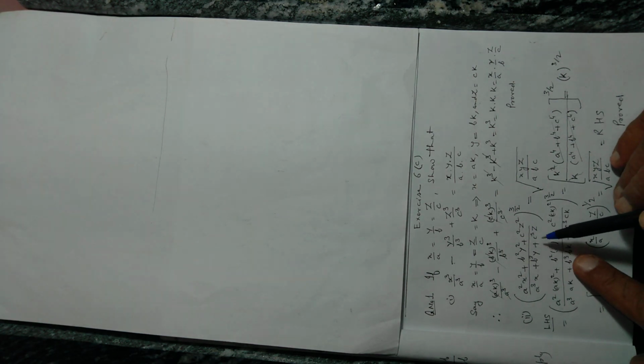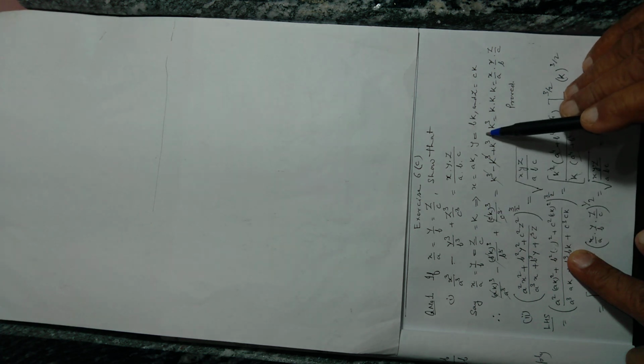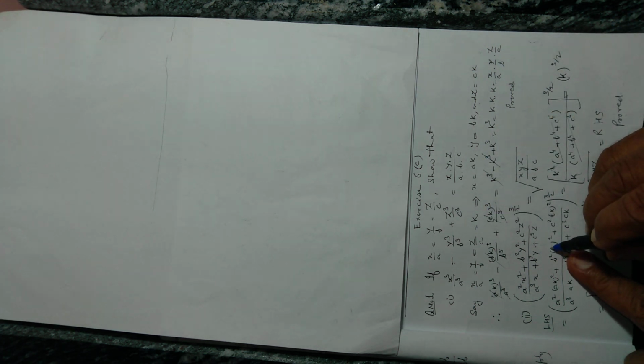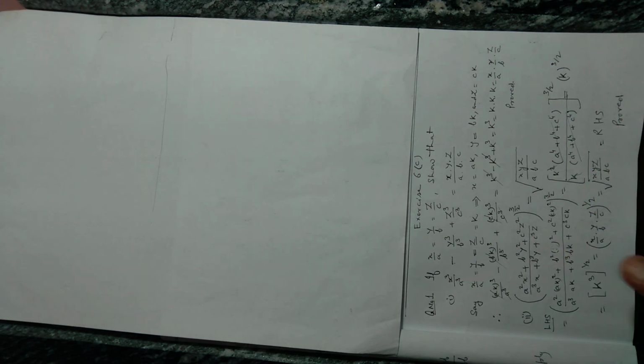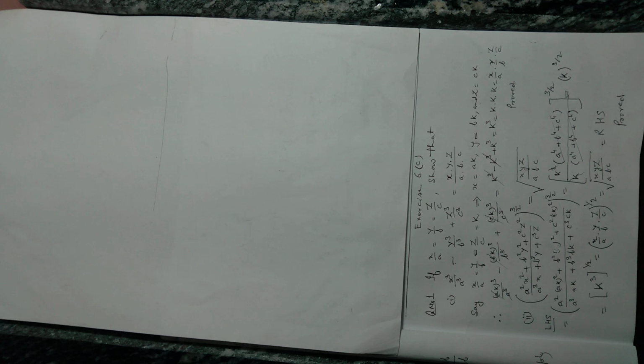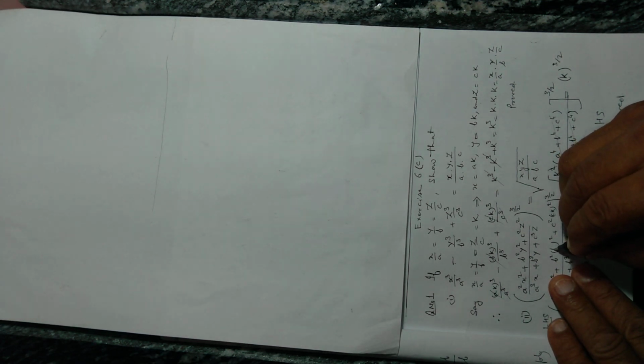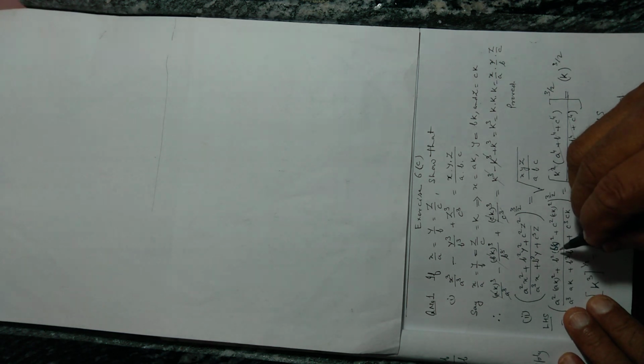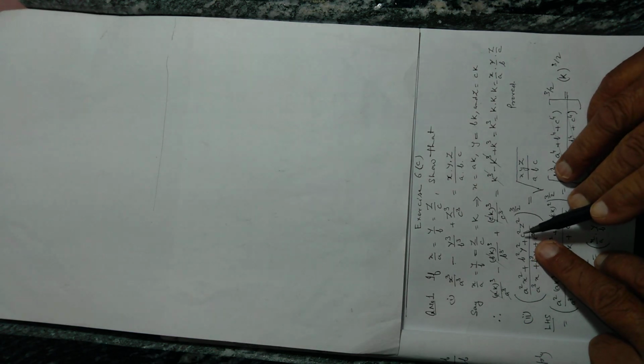Here for y I have written bk in bracket and raised to power 2 plus c square as it is.